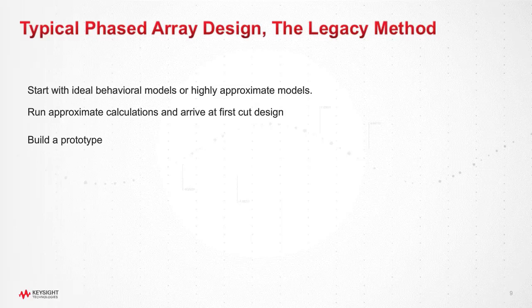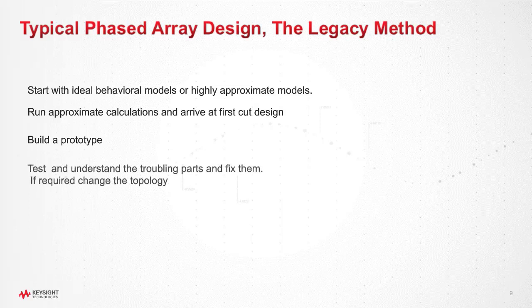Obviously, one will find that in the chamber, the desired performance is not obtained because the design itself is approximate to begin with. So one has to fix the parts, or sometimes one has to fix the topology itself.